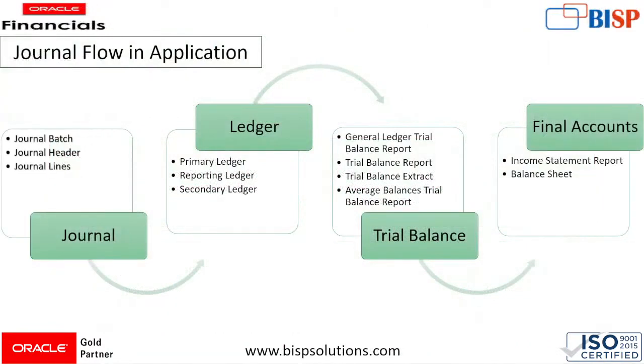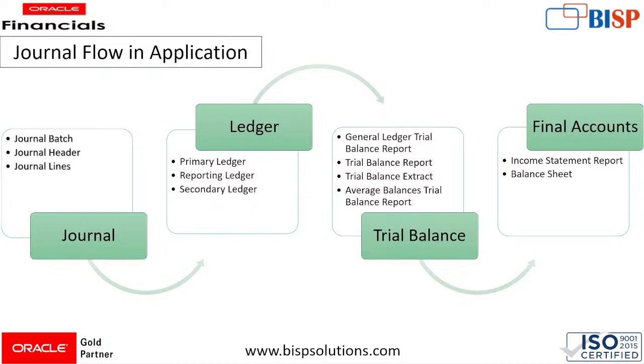Now we will see the journal flow in the application. In journals, you have a journal batch, journal header and journal lines. You can have one batch with multiple headers and lines, and you can also enter multiple currencies.